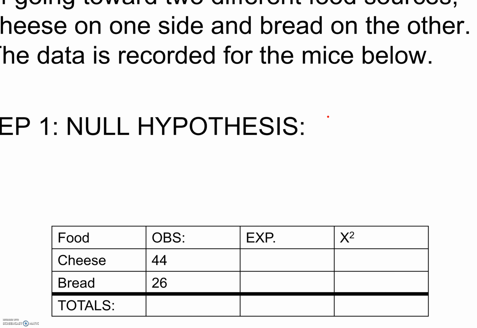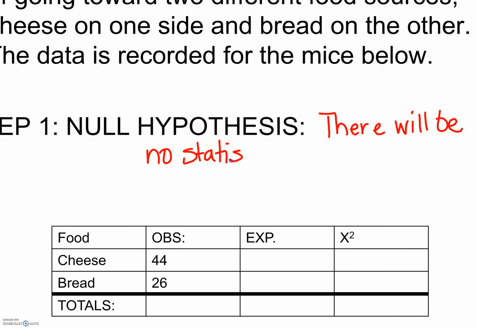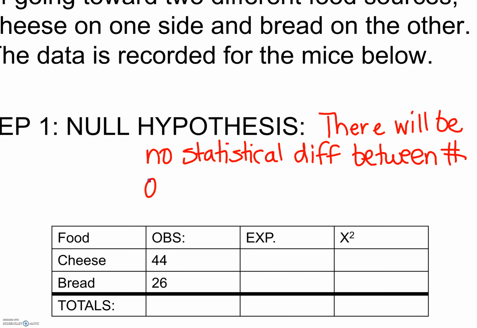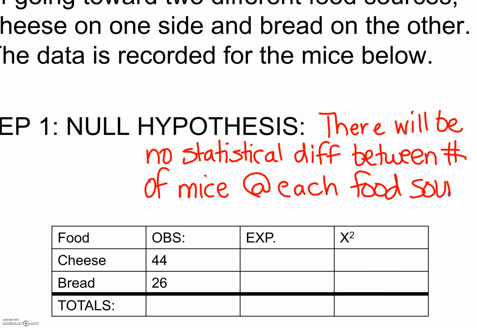So our null hypothesis for this would be that there will be no statistical difference between the number of mice, I'll just put at each food source to keep it simple. All right, so that's our null hypothesis.